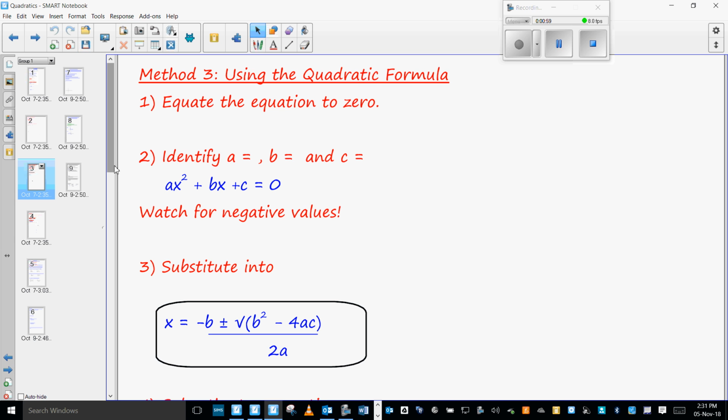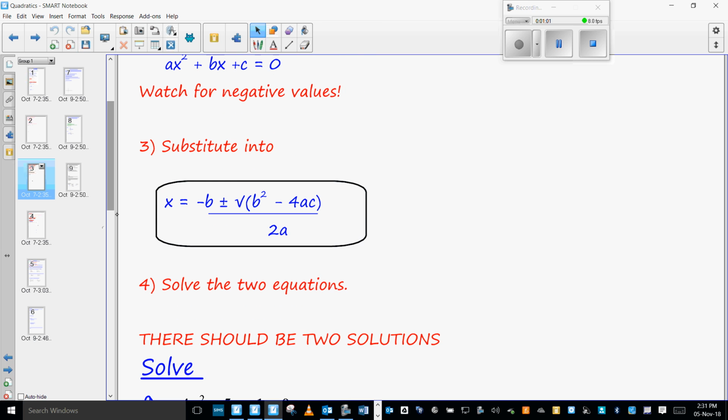Note that this here is negative b. So if your value of b is positive, you will have a negative value here. If your value of b is negative, you will have a positive number here. When you square b, the sign doesn't matter.